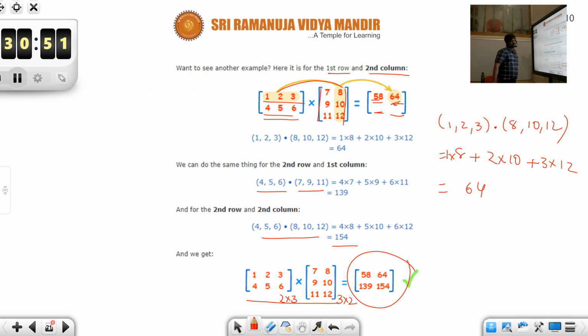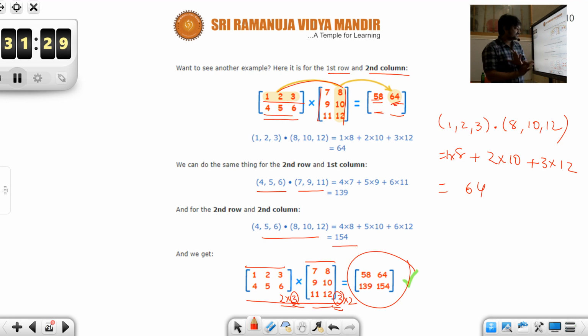So let's look at the previous example once again. See students, here you are able to perform multiplication between these two matrices. The condition you should observe is that the number of columns of the first matrix is 3 and the number of rows of the second matrix is 3. Because both are equal, we are able to perform multiplication. To multiply two matrices, the columns of the first one should match the number of rows of the second one.